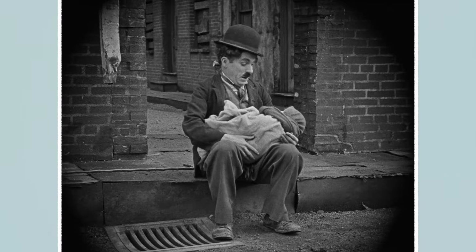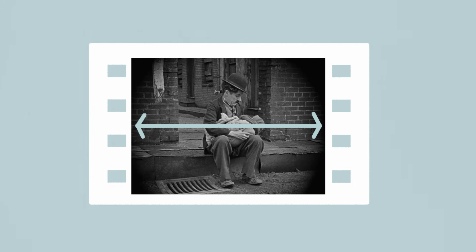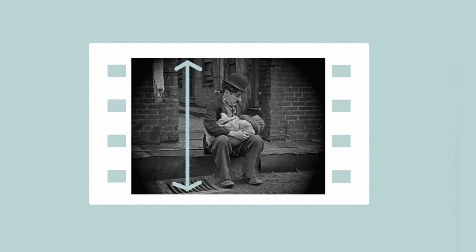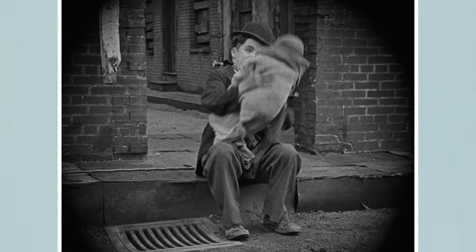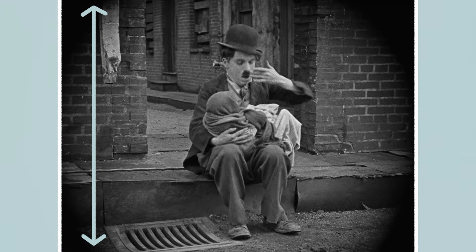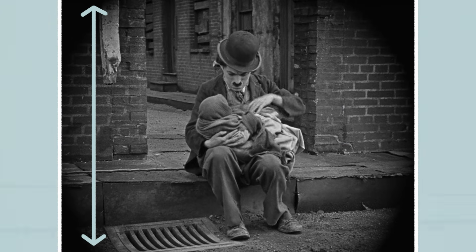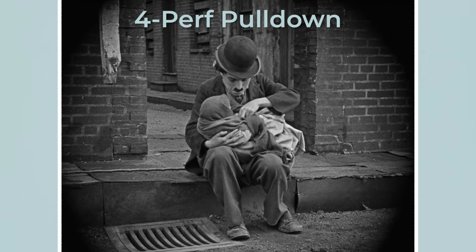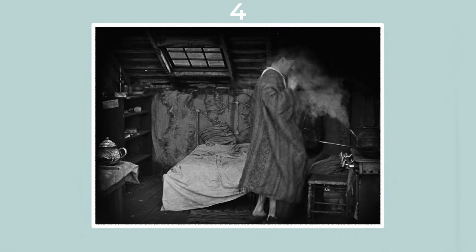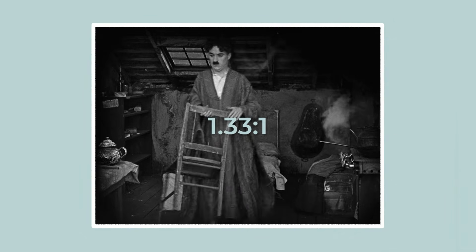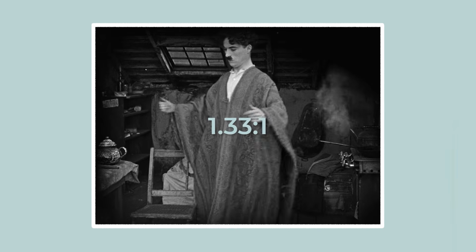For example, early silent films used the full horizontal length between the perforations of a 35mm film negative, and used the horizontal space of 4 film perforations. So each frame represents a picture that is 4 perforations long, also called a 4-perf pull-down. This gave a 4:3 or 1.33 to 1 aspect ratio.